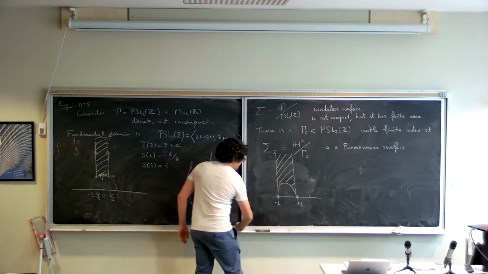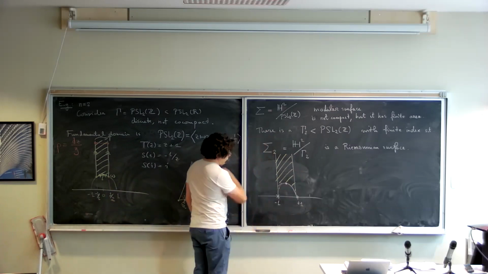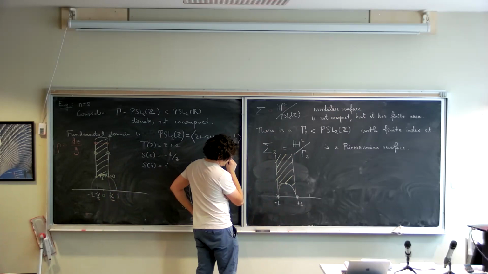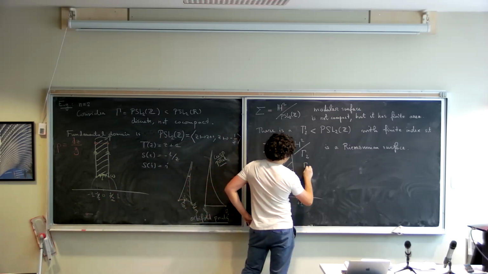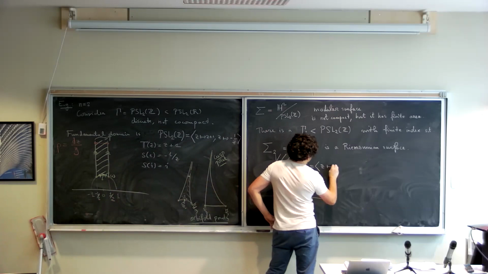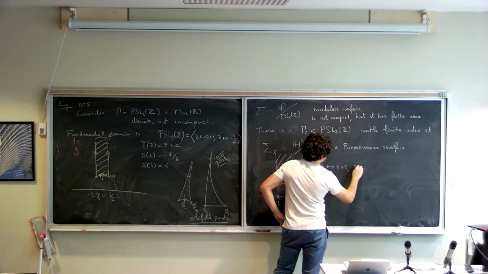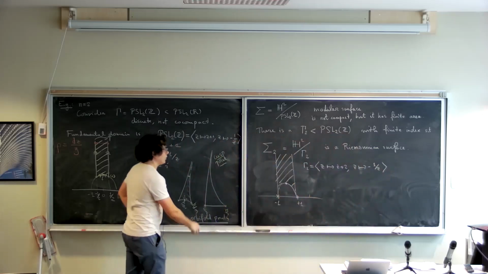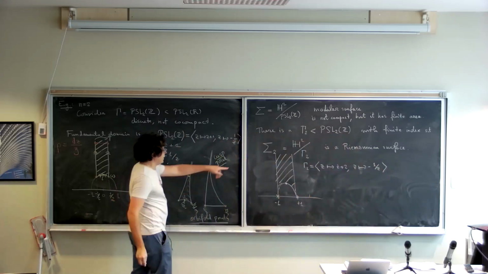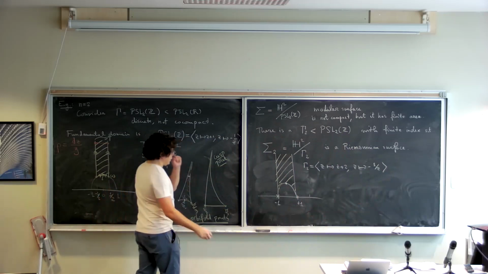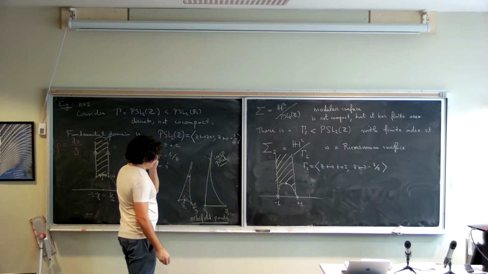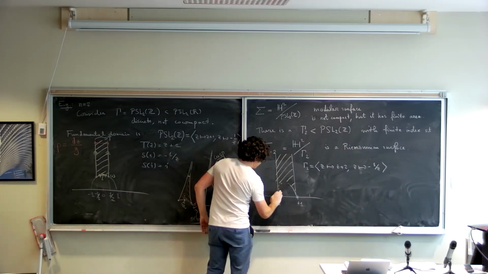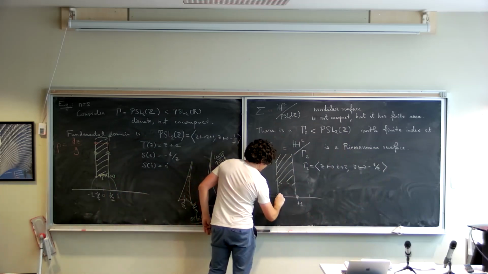In fact, in this case, you just consider gamma 2 generated by the following: z goes to z plus 2, and z goes to -1 over z. And in that case, the fundamental domain is that. Let's see, no, not this one, sorry. This one.